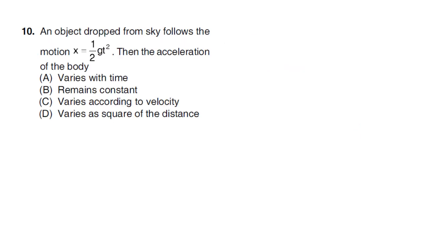An object dropped from sky follows the motion x is equal to half g t square. Then the acceleration of the body, given that x is equal to half g t square, then we have to find acceleration. Acceleration is nothing but d square x by dt square. So here differentiate x with respect to t.